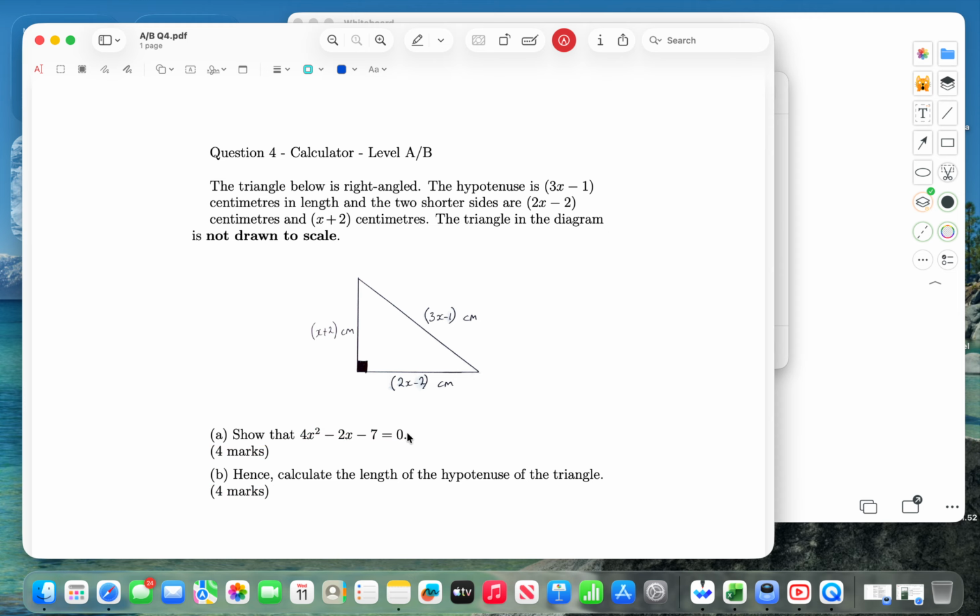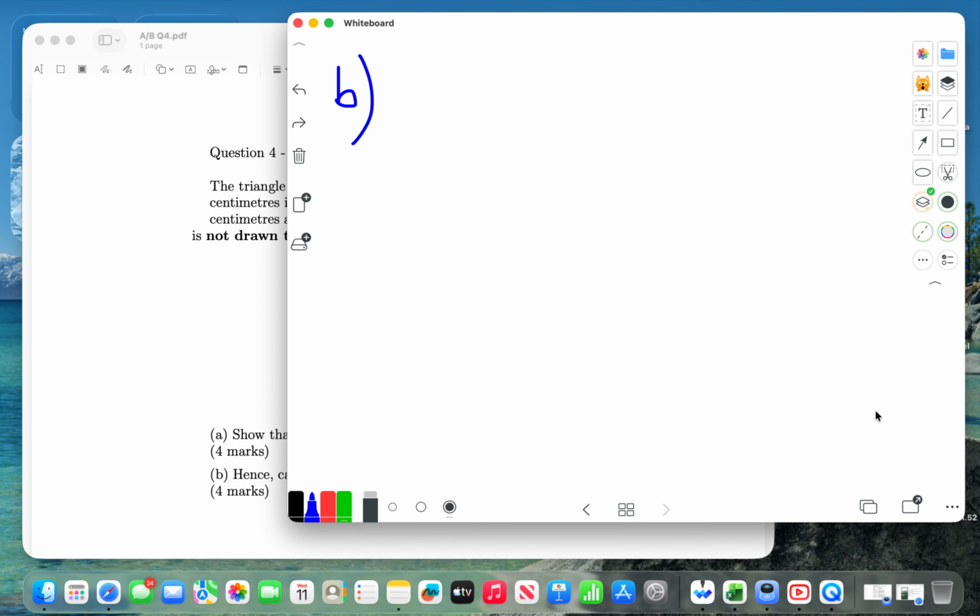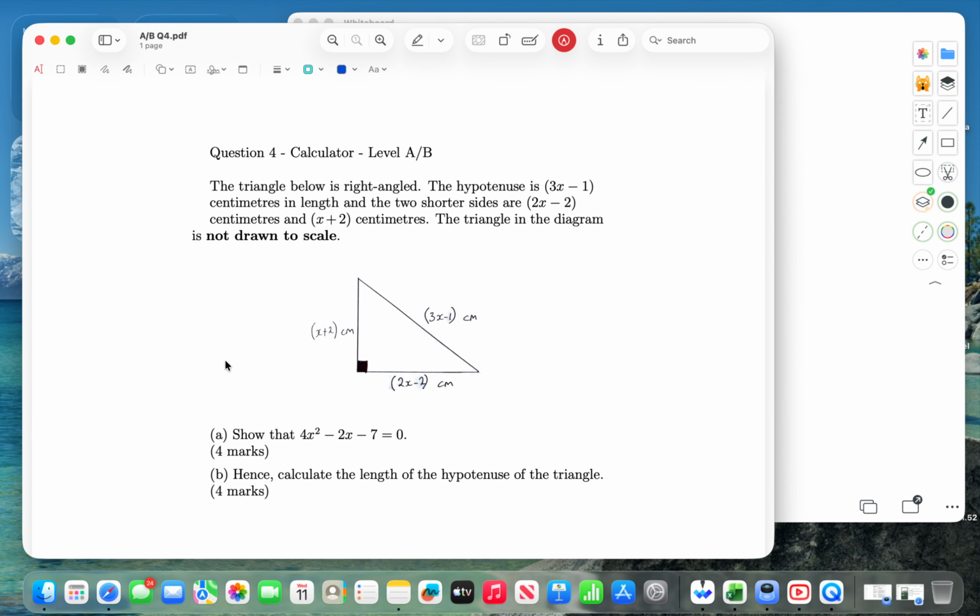I recommend the first thing you think is you solve this equation, and we want to solve this quadratic equation using the quadratic formula.